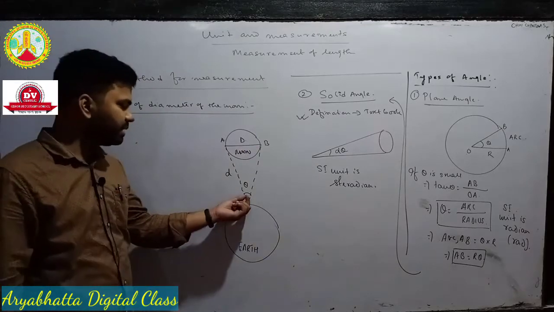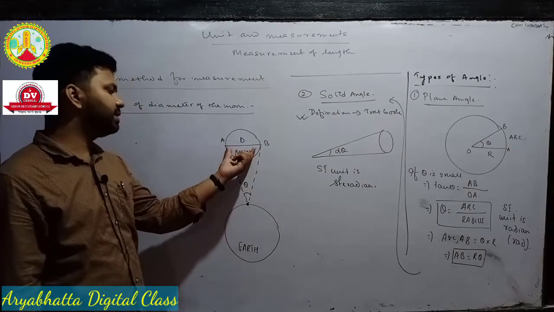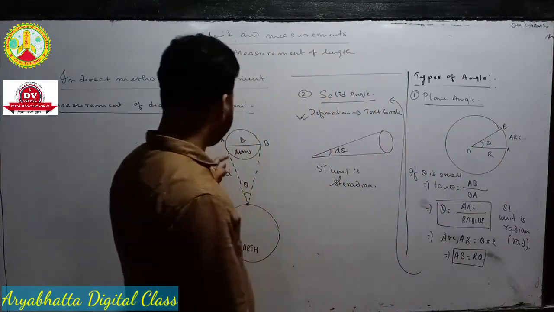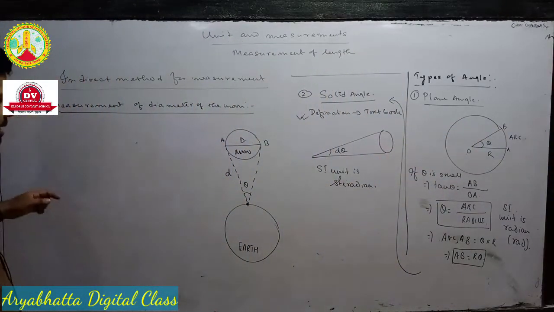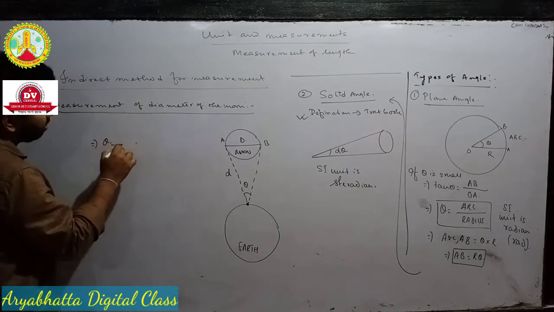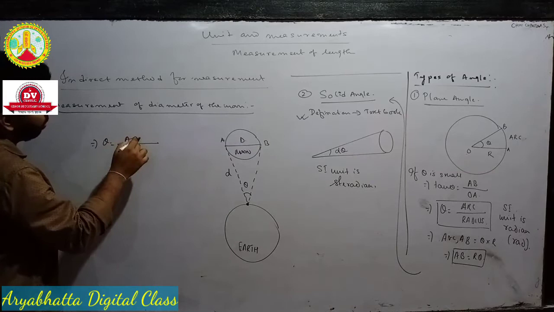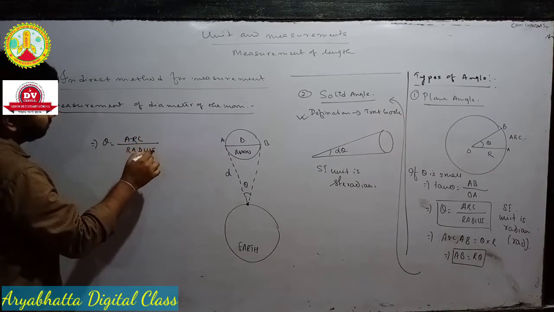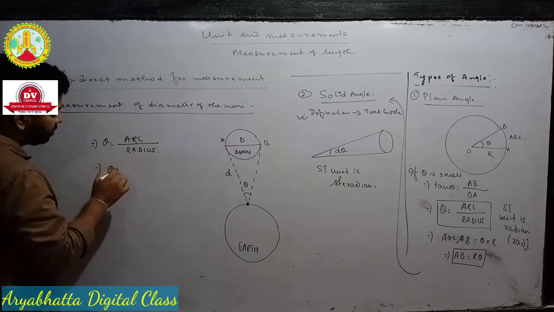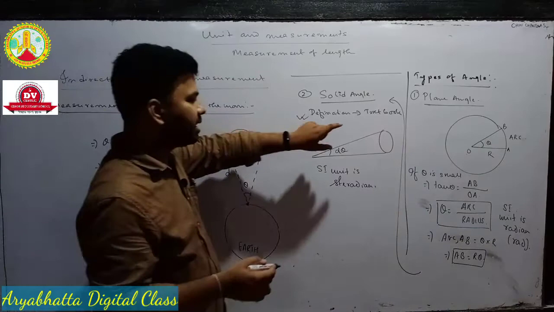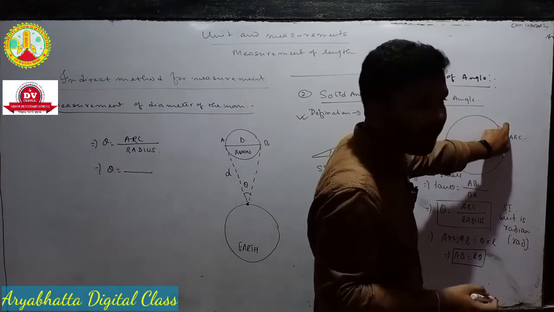अब देखो, this angle will be very very small. So this D can be calculated as arc, and this one can be calculated as radius. So what is the value of theta from here? So we have theta equal to arc by radius. So what is the arc here? If this is the angle, this one is the arc na.